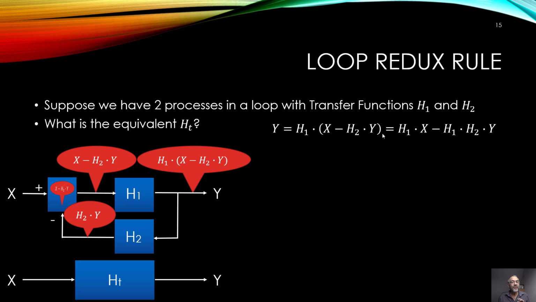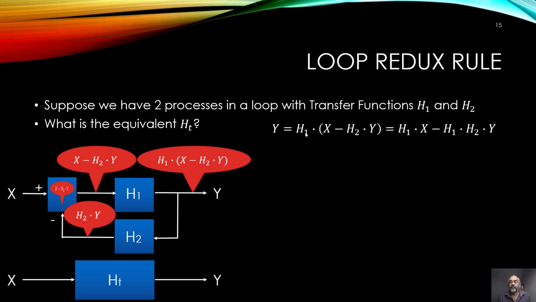Here we find an equation which contains one unknown, Y, and we know the input. We know H1 and H2. So now we have one equation with one unknown value, Y. With a bit of mathematical rewriting, we can deduce Y from this.